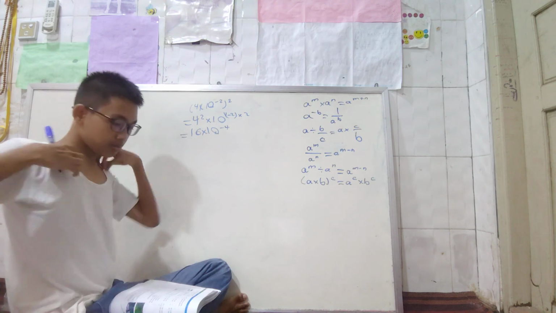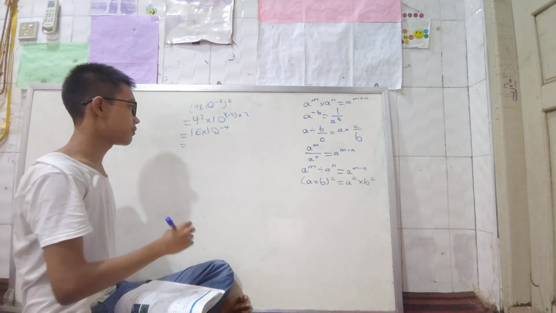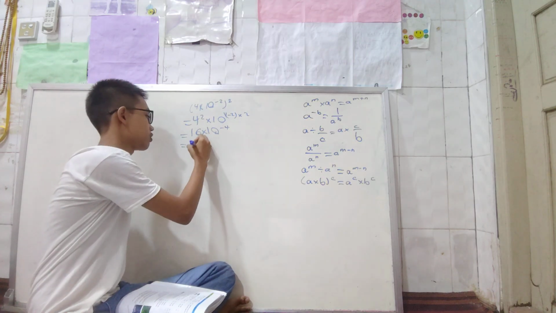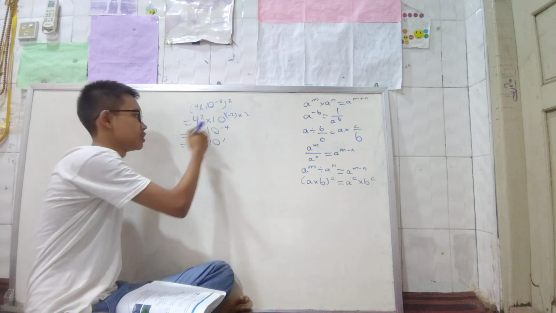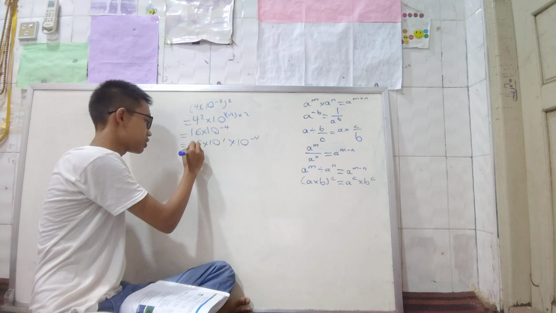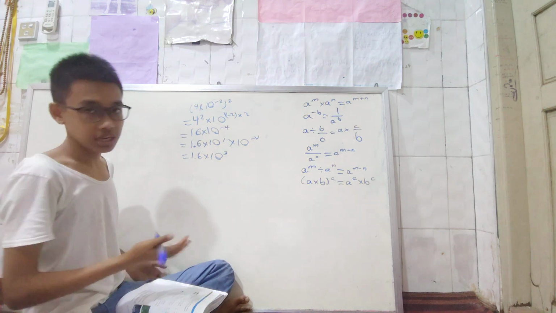So 16, we can always turn the ordinary number part into standard form first, then we're going to add or subtract the powers. So 1.6 times 10 to the power of 1, that's the standard form for this number here. Multiply by 10 to the power of minus 4. 1 minus 4 is minus 3, so 1.6 times 10 to the power of minus 3.